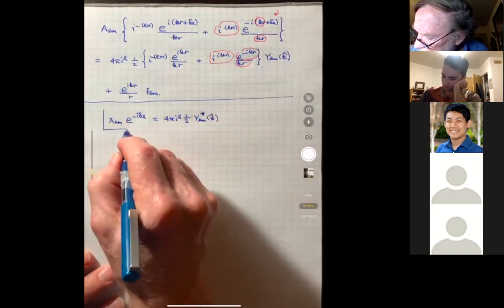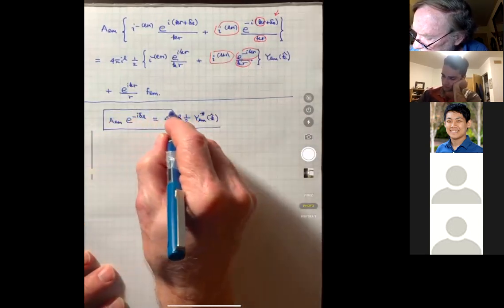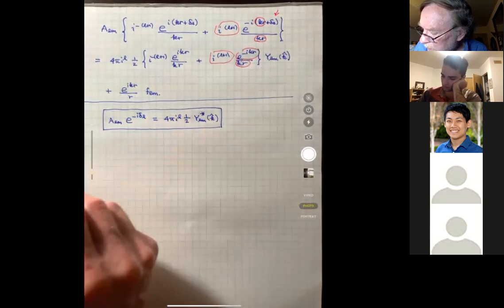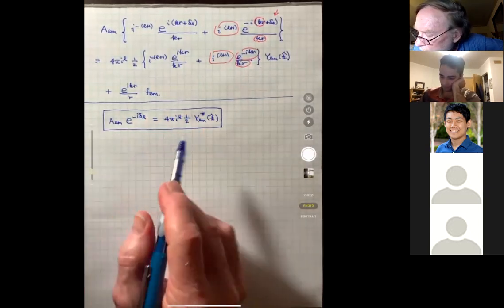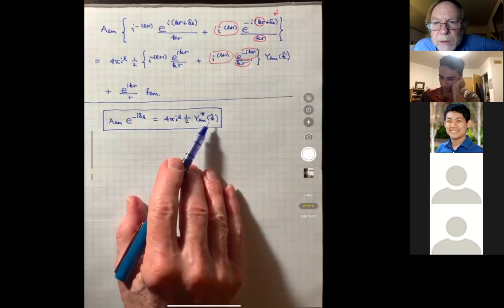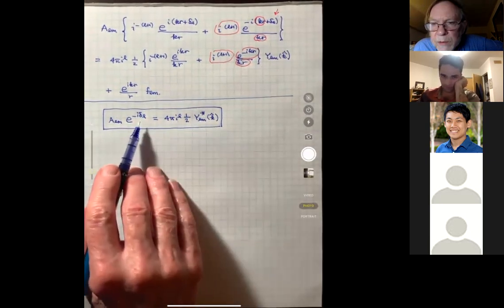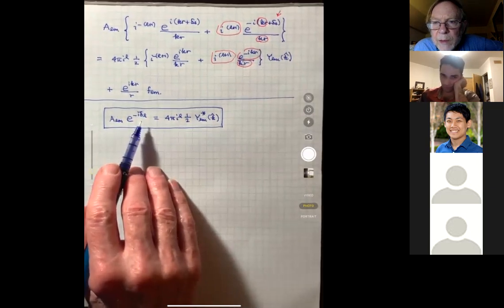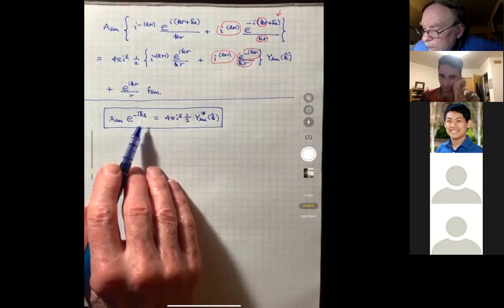Okay, so we get that. The K hat is the direction of the incident wave. That's just a parameter of the problem. And the delta L was the phase shift from the asymptotic form of the exact solution. We don't know what that is, but it was just one parameter for each value of L.